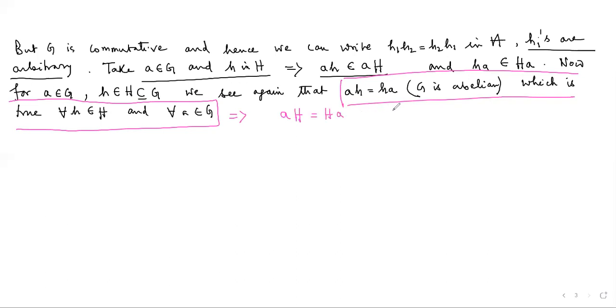And if AH equal to HA, then H is a normal subgroup of capital G, which proves our desired result.